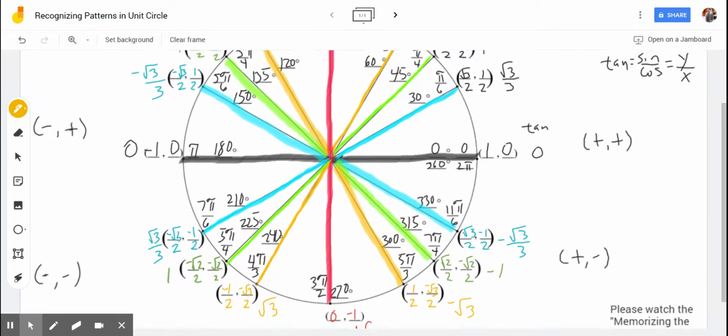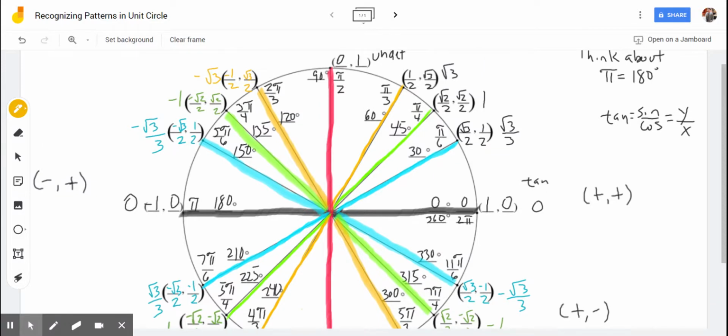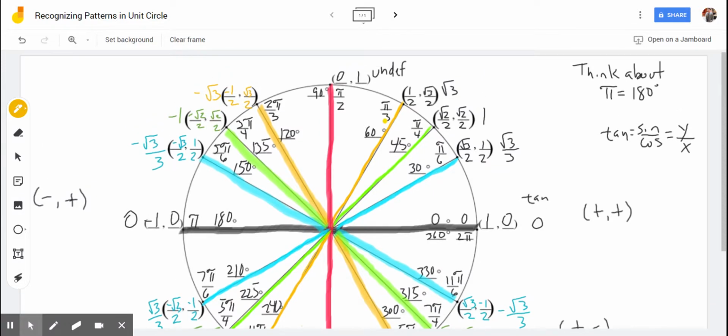Okay. Now you guys should notice that the tangent values as well are the same as the slope of the radius, right? So at 0 radians in degrees, the tangent value is 0. At pi over 2, it's undefined. At pi over 4, it's 1.